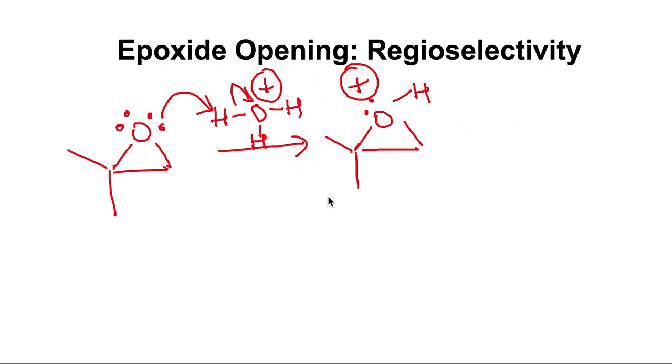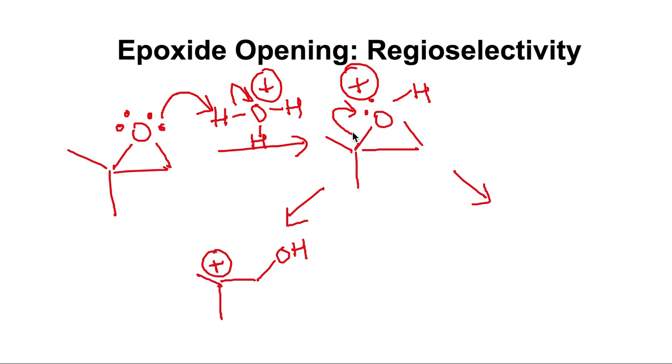And so this epoxide could be opening in two different ways. Let's see what will happen if it opens from one side or the opposite side. If it opens from that left side, what results is a carbocation that is very stable because it's a tertiary carbocation.